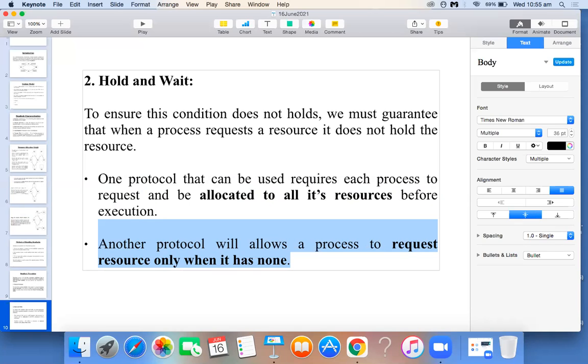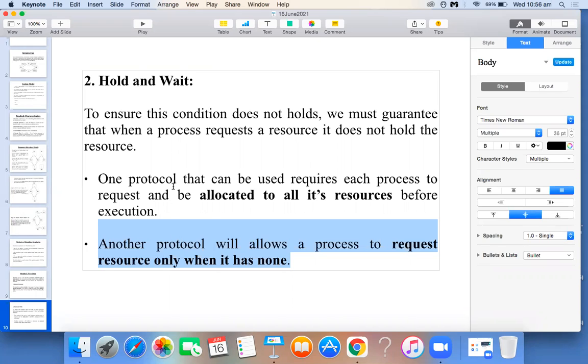Whenever it is not holding any resources, only then do you allow that process to send a request for resources. If I am holding one resource, I cannot send a request for a new resource. That is another way we can avoid the hold and wait property.